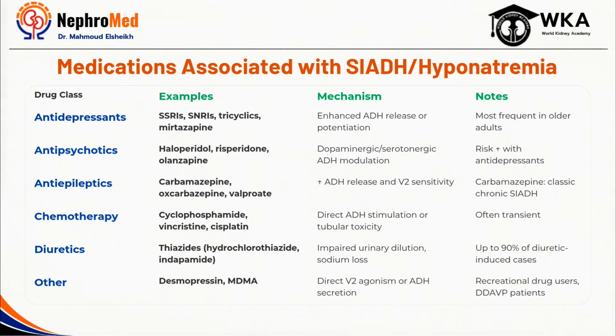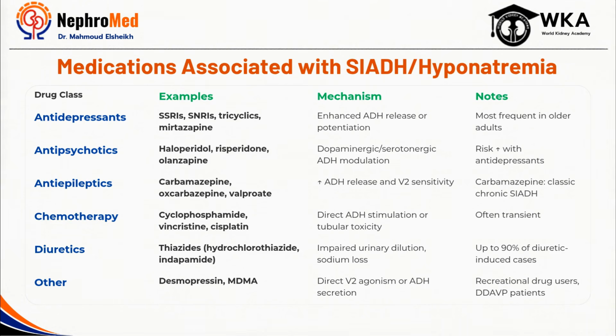Among anti-epileptics, carbamazepine is the classic example. It's famous for causing chronic SIADH. Chemotherapeutic agents are another major category. Cyclophosphamide, vincristine, and cisplatin can also induce hyponatremia through different mechanisms, including direct ADH stimulation and tubular toxicity. And of course, thiazide diuretics deserve special attention.